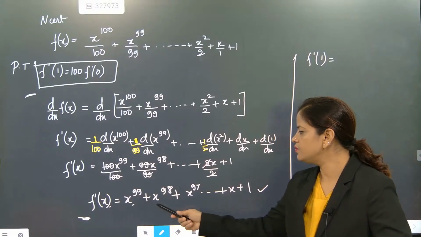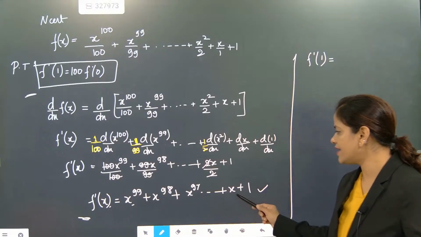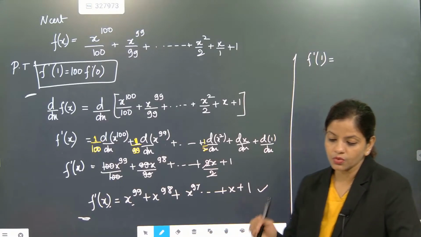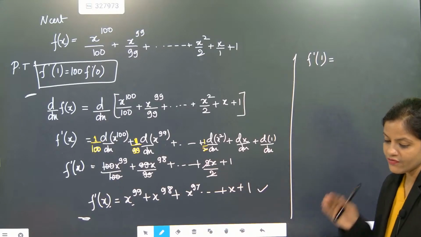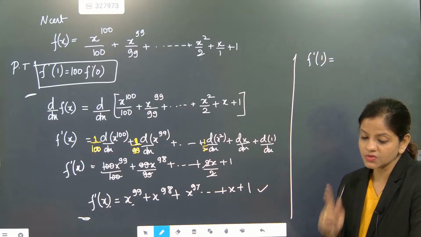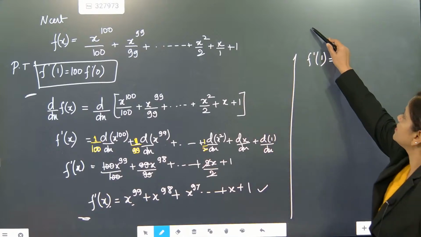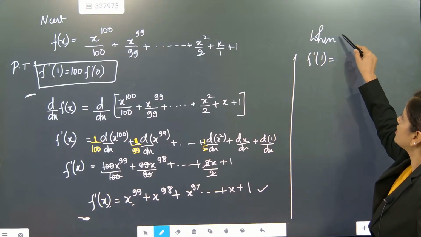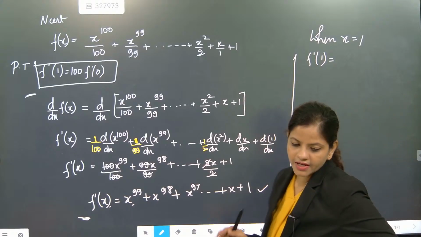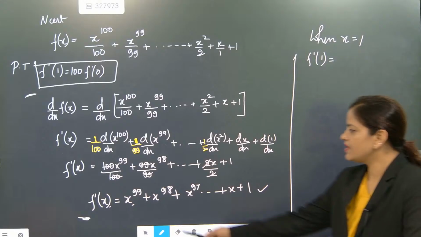See, 1, 2, 3, 4, like this, 99; 99 means till here x is there. So total 99 terms plus 1, total 100 terms. In every term, you are going to substitute the x value as 1. The moment we write x is equal to 1, magic starts. Wherever x is there, we will write 1.